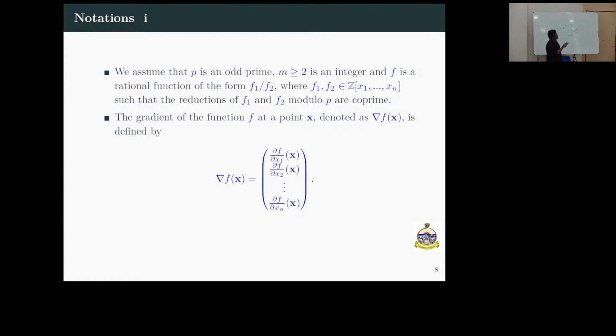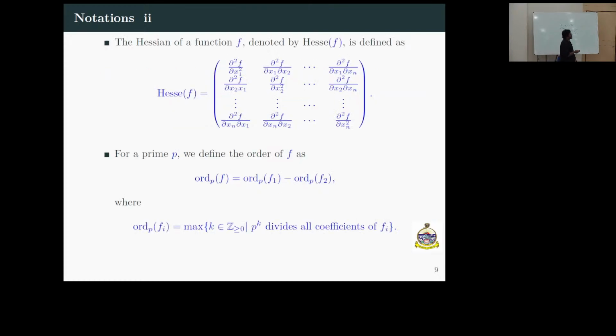In the multivariable case, if you consider the Taylor polynomial, then we need the notion of the Hessian also, right? The Hessian, as you all know, is defined by taking all the second degree partials in terms of all the variables, such as del square f del x1 square, and so on, to del square f del xn square.